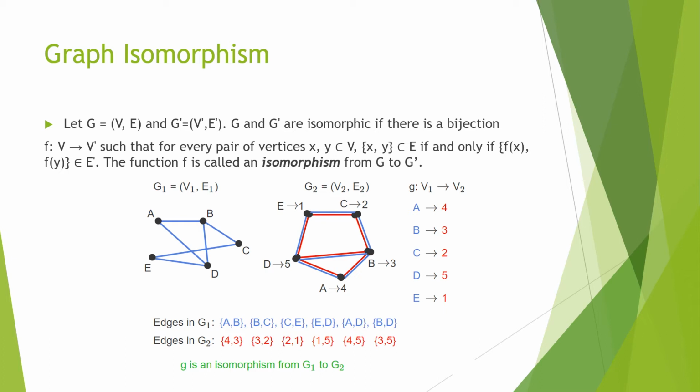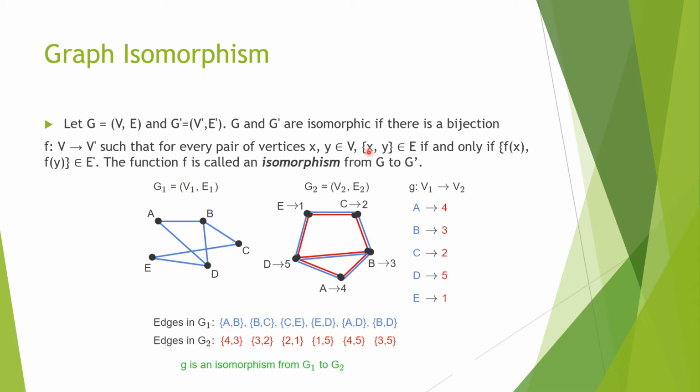We say graph G equals V and E and G prime equals V prime and E prime are isomorphic if there is a bijection like f between the vertex sets of these two graphs, such that for every pair of vertices like x and y in graph G, if x and y are neighbors in G, then their images by f, which are f of x and f of y, are also neighbors in G prime.